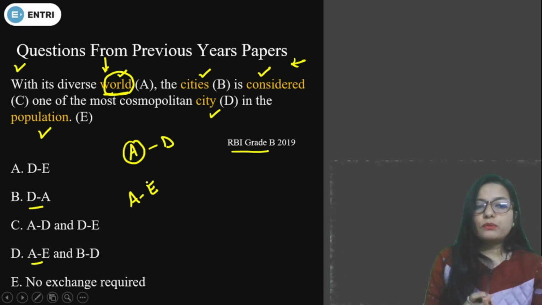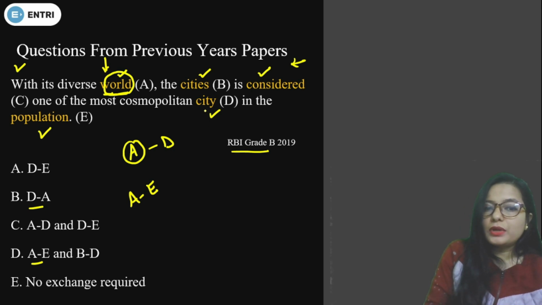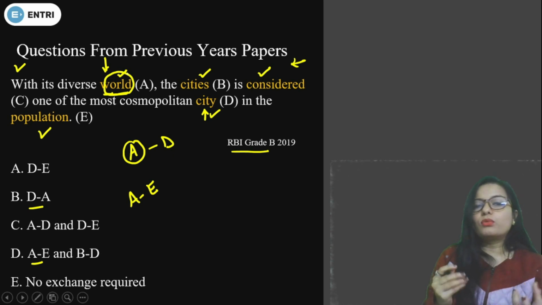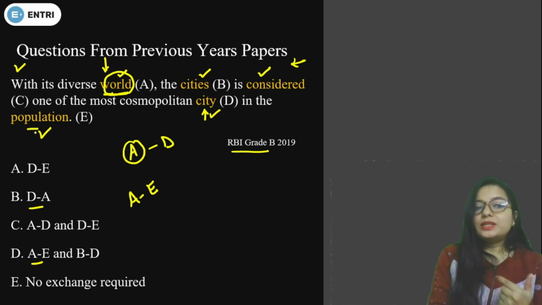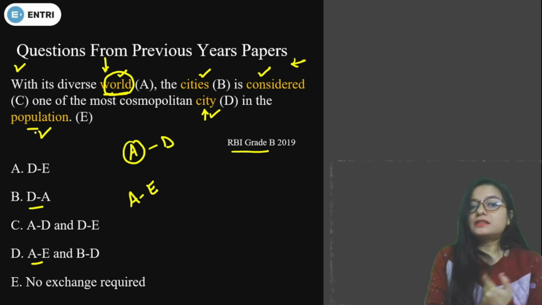So with its diverse city, the cities is considered one of the most cosmopolitan city. Do you think that you can swap this city with this word? No, you cannot. But what about E, population? With its diverse population, the cities is considered one of the most cosmopolitan city.